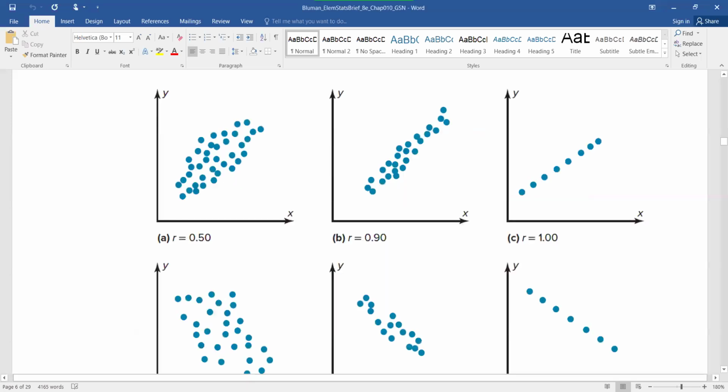So you see here you have a 0.5 for the R. You can see it is a positive correlation, but it can be considered what we like to call a weak positive. And this being at 0.9, or even at a perfect score, will both be considered strong positive.